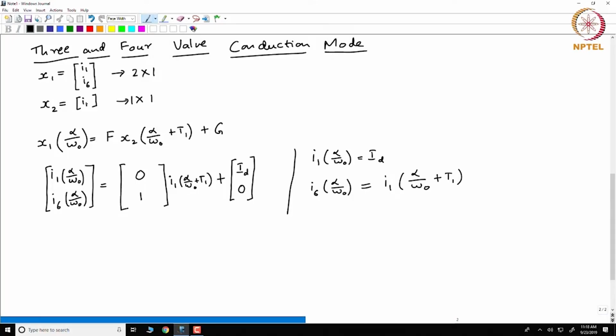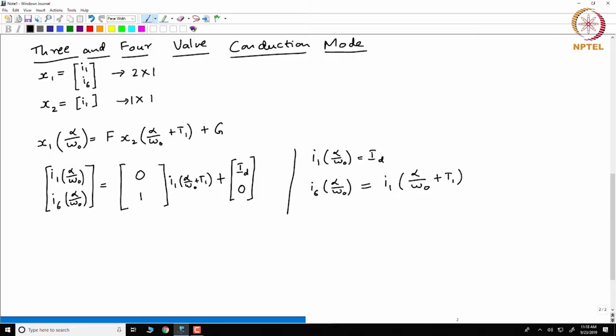So this is something which is actually satisfied always. After looking at many cases, people have arrived at this equation, so I just gave it as a statement without proving. Now we saw that it actually gets satisfied for 3 and 4 valve conduction mode. It's not only for 3 and 4, we can see that it also is satisfied for 2 and 3 valve conduction mode and also for other circuits. This is the simplest circuit.